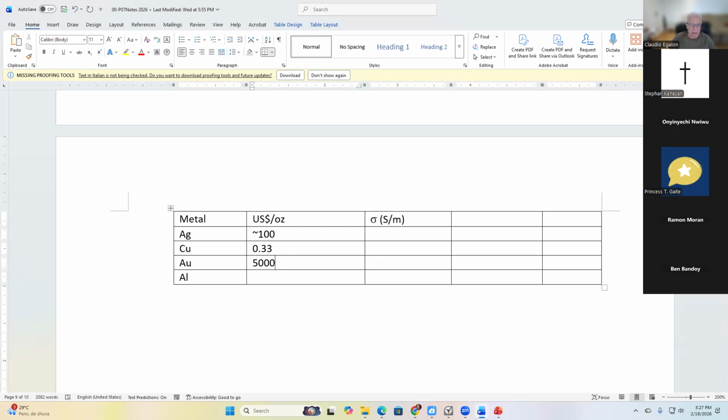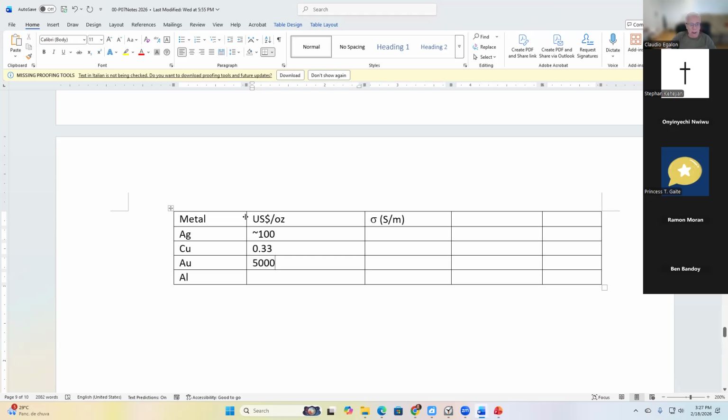Gold, I know, is around 5,000. The price oscillates, okay, but don't forget, if you can find an ounce of silver for $78, buy it. Don't let it go, okay? Nobody's gonna sell you silver for $70, $78.